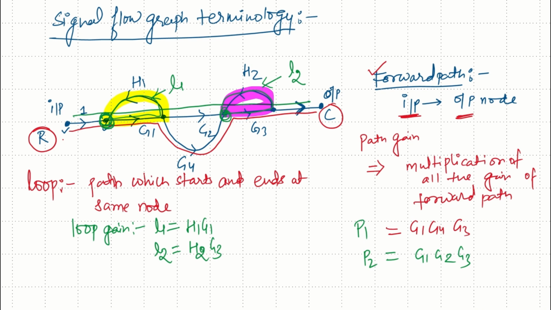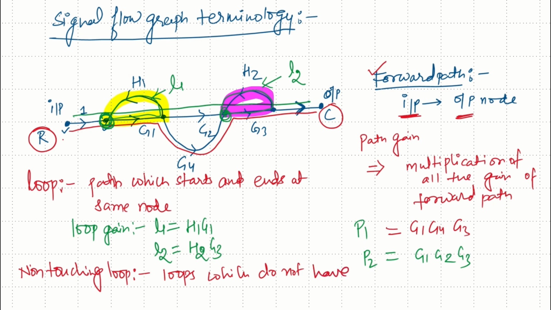And the last terminology which I can describe for the signal flow graph is the non-touching loop. The non-touching loops are the loops which do not have a common node.